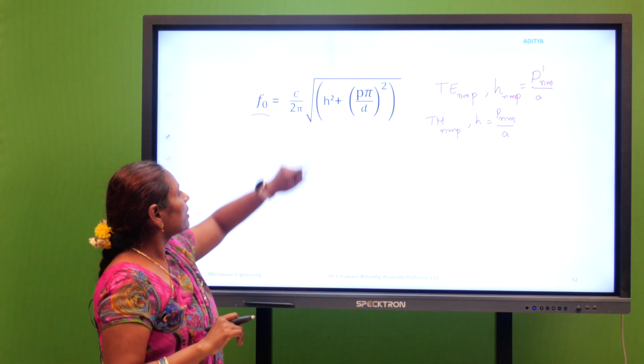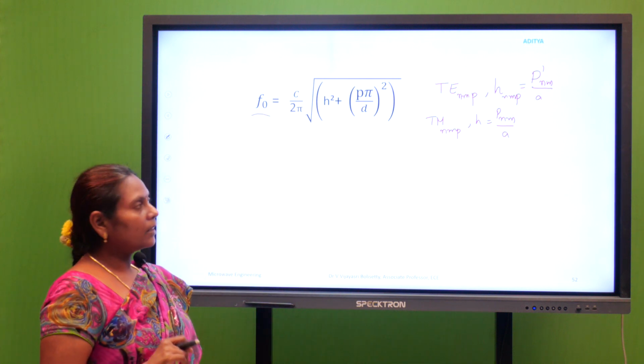This F0 resonant frequency is different for TE mode and TM mode.